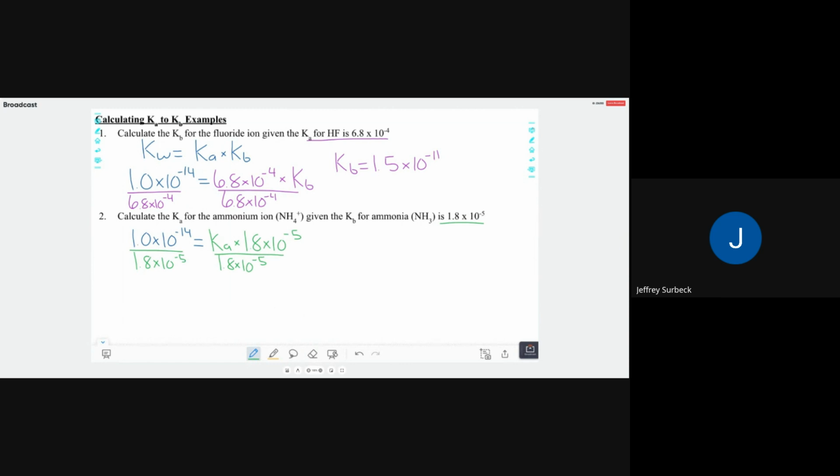By the time we round to 2 sig figs, our Ka is just 5.6 times 10 to the negative 10. The point is that if you look on your acid-base charts, if you have the Ka, you can find the Kb no matter what. If you have the Kb, you can find the Ka, all because of this formula.